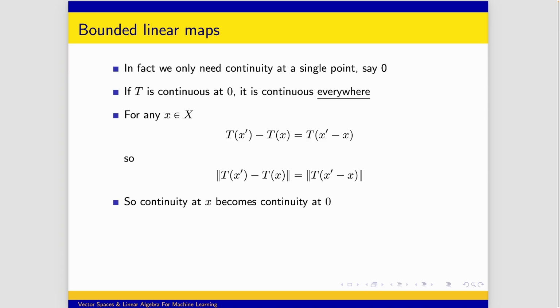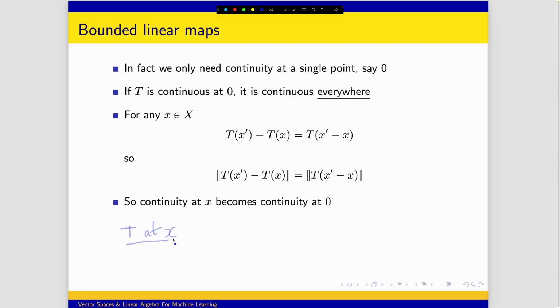So we're going to start out by showing that continuity at 0 of T implies uniform boundedness. So let's remind ourselves of continuity using the epsilon-delta definition, because that's the definition we're going to use. The epsilon-delta definition of the continuity of T at x is as follows.